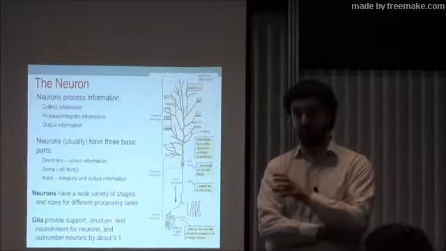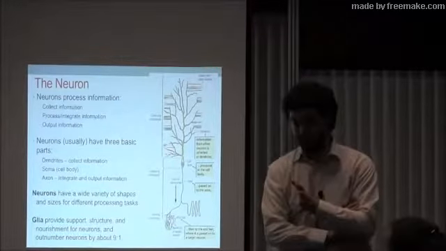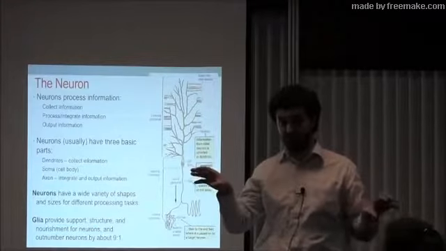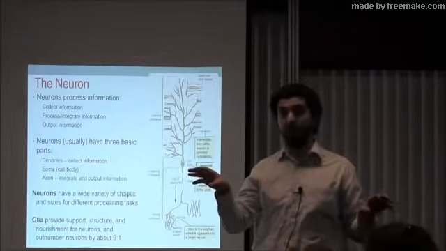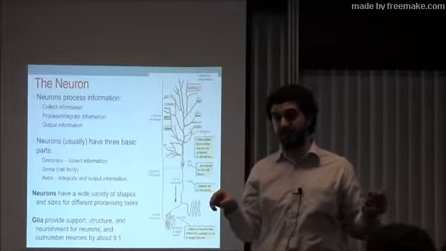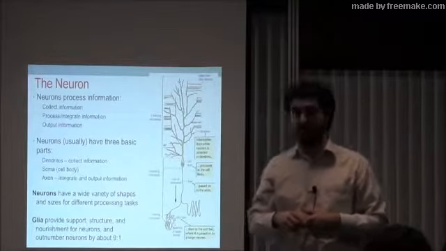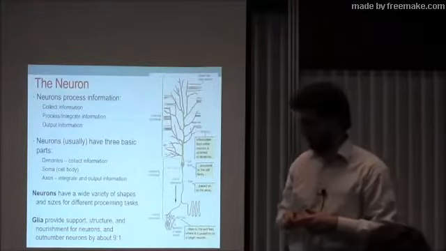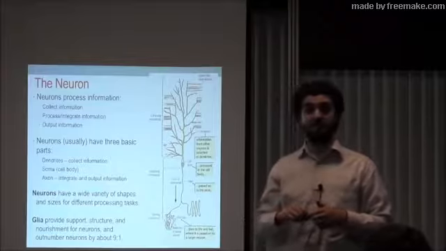There are two types of cells with the same kind of function that differ across the central nervous system versus the peripheral nervous system. In the peripheral, we call them Schwann cells. They myelinate axons and lay down myelin. In the central nervous system, we call them oligodendrocytes. What other types of glial cells can you think about?